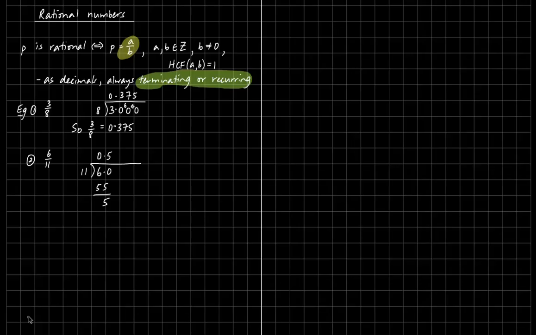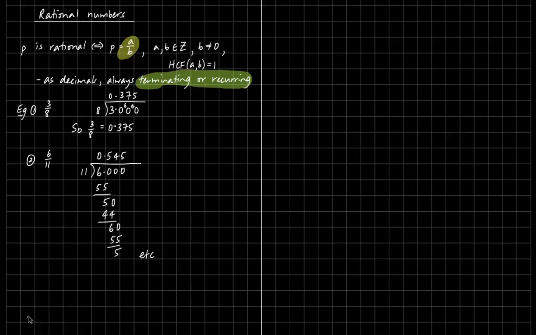11 won't go into the 5 down here, so drop down the 0. 11 into 50 goes 4 times. That's 44. 50 minus 44 is 6. Drop down the 0 there. 11 into 60 goes 5 times. Now you can probably see at this point that we're just going to get a repeating pattern, because we're going to keep getting 50 and 60, so that's going to go on and on.